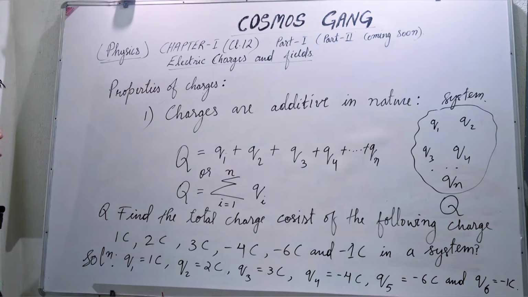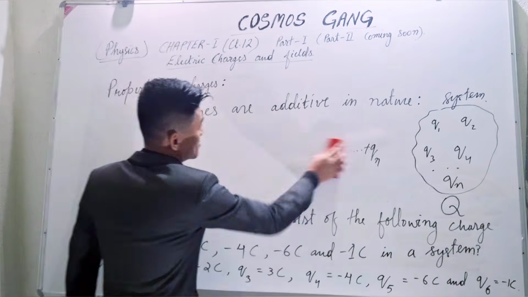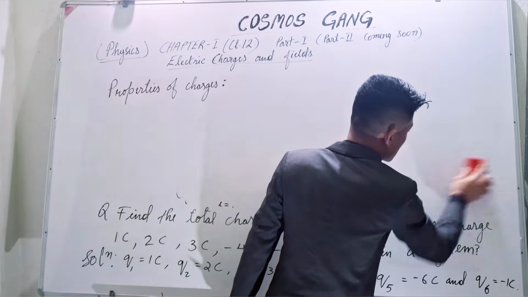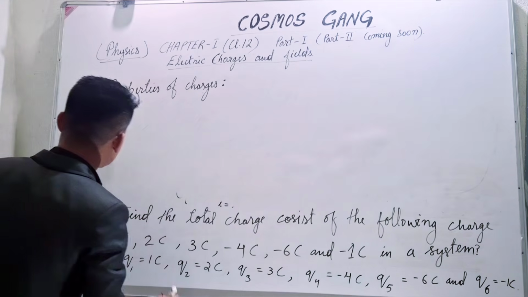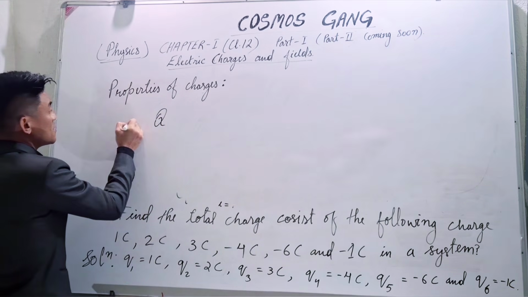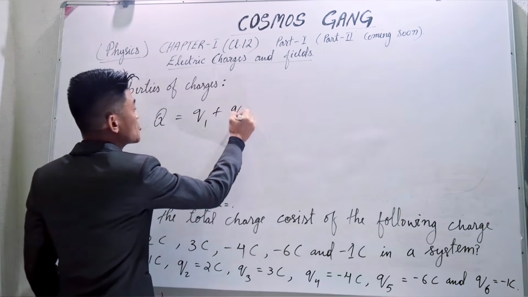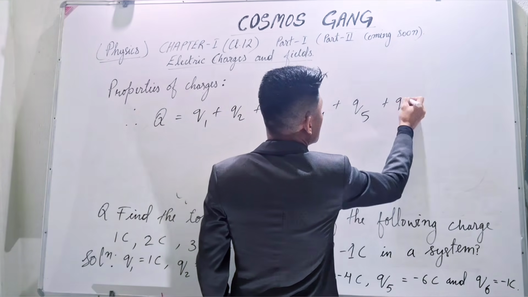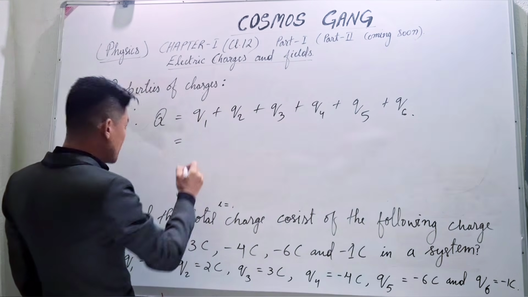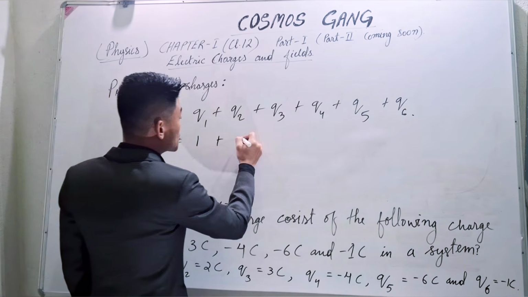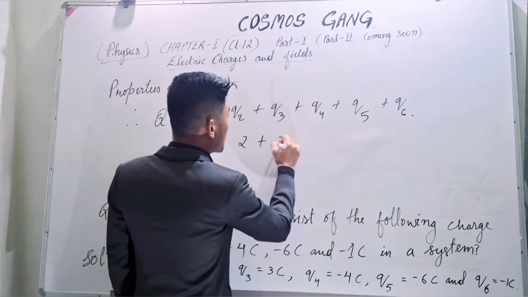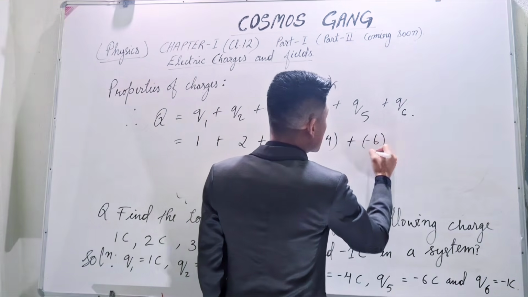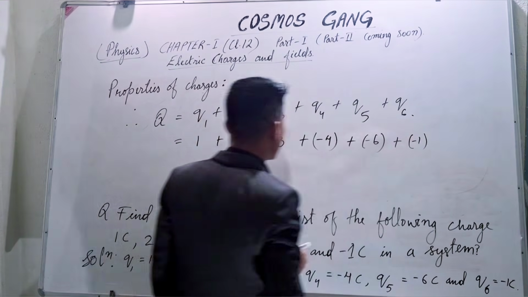To get the total charge, I'm going to use the formula Q equals Q1 plus Q2 plus Q3 plus Q4 plus Q5 plus Q6, which is 1 plus 2 plus 3 plus minus 4 plus minus 6 plus minus 1.